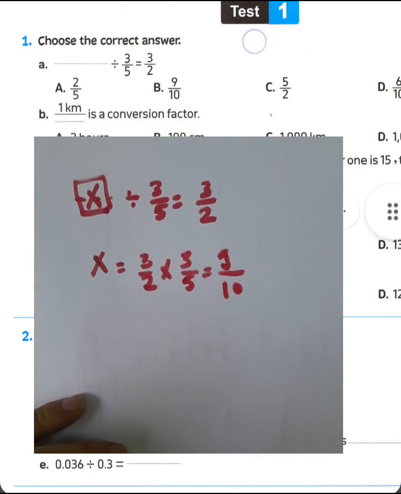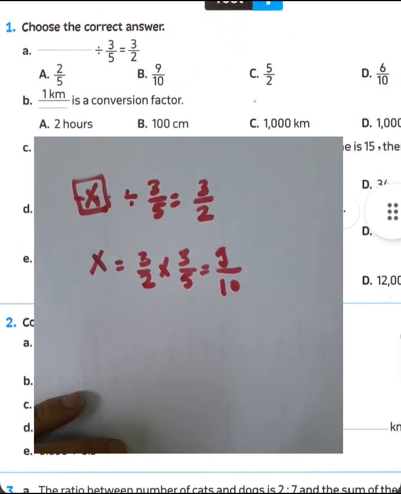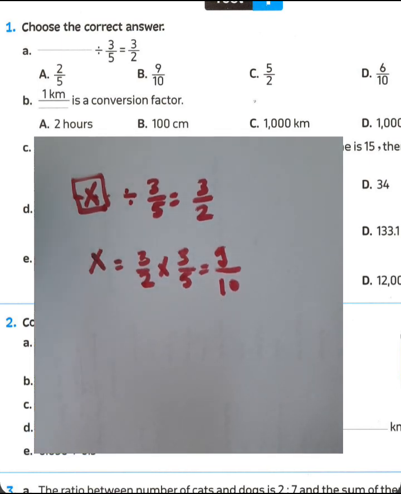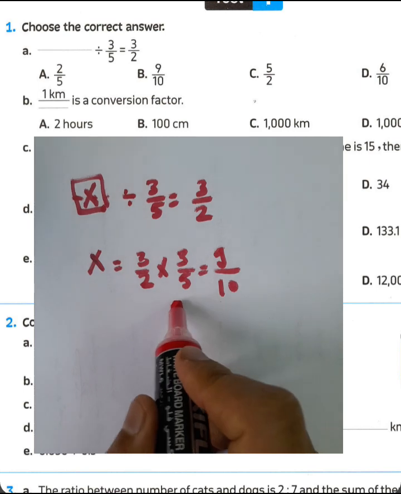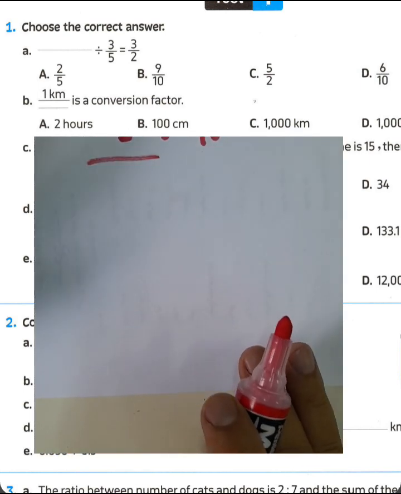Question letter B: 1 kilometer over space is the conversion factor. A conversion factor means the numerator and denominator are equal in quantity but in different units. If we convert from kilometer to meter, you multiply by 1000.